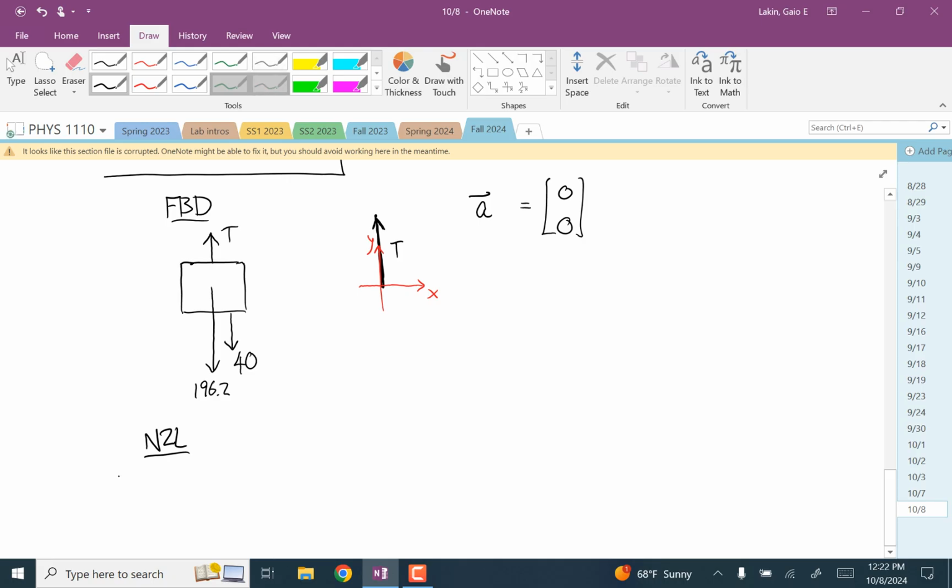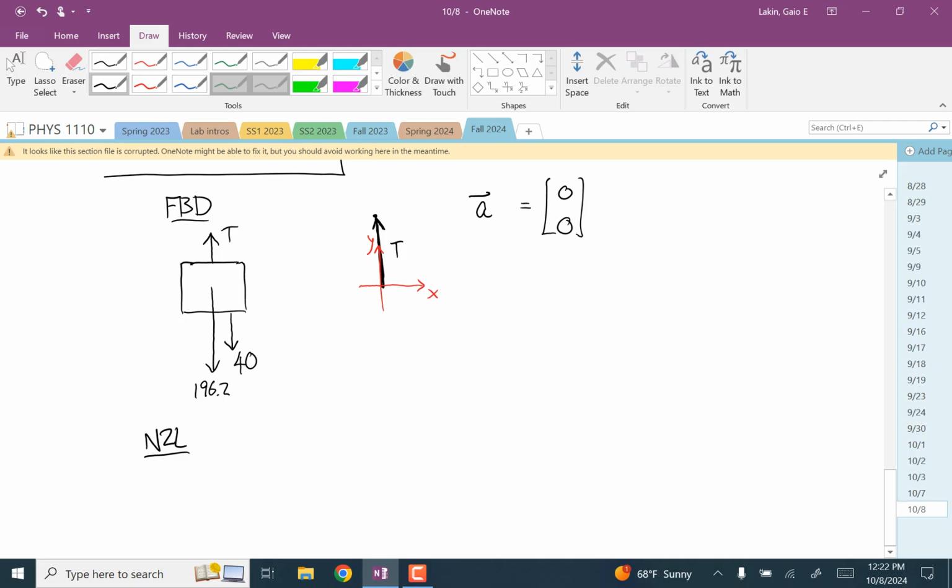So what are the coordinates of the head of this vector? 0 something? Yeah, 0 something, and the something is T. Whatever that T is, that's the coordinate. Any questions about that? So we know that it's all in the positive y direction, and the height is T.